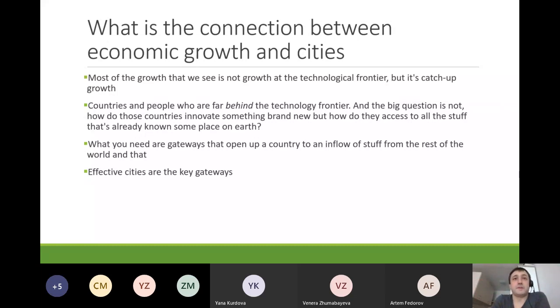And why do countries like China and India actually grow so much? One of the hypotheses is that they export a lot to developed countries, to rich countries, but that hypothesis, at least for the last 10 years, doesn't really stand, because world trade actually stagnates.